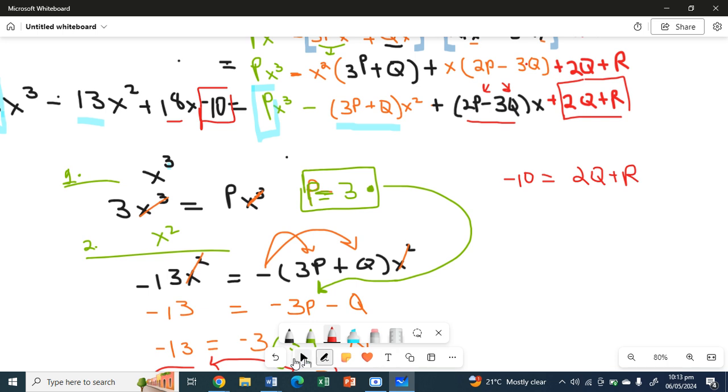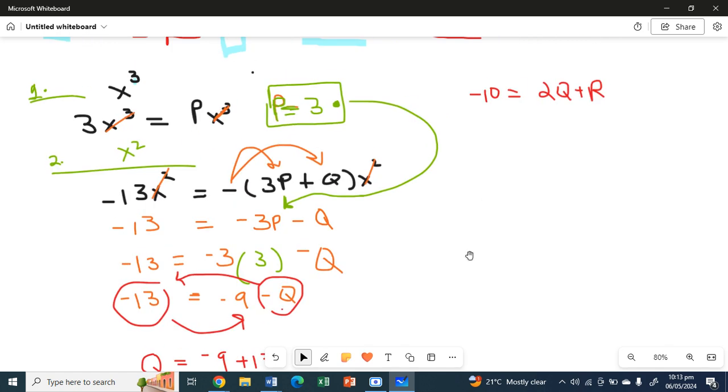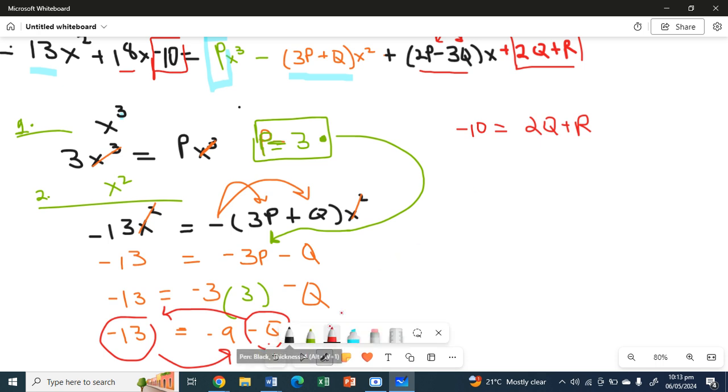We already have our value of q. q equals 4, so we're just going to substitute q with 4. 2 times 4, that is 8.